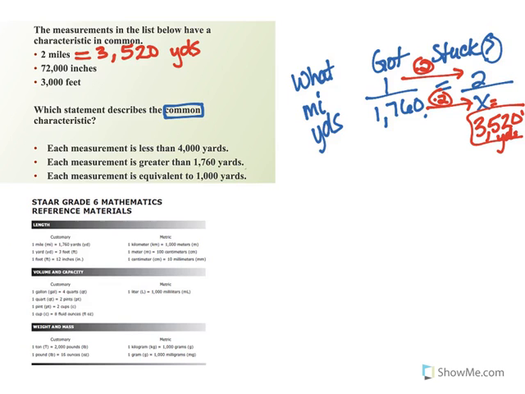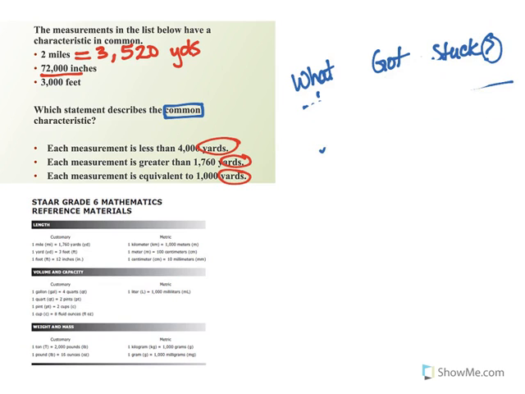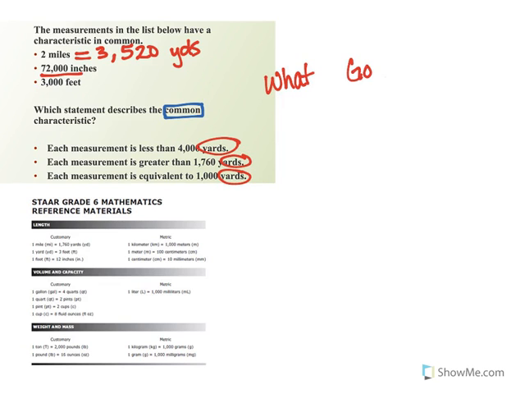All right, now let's do the next problem. The next problem says 72,000 inches. So now I've got to go from inches to, don't forget, yards. I'm going to get rid of this because I need space. I'm still going to use my what got stuck method. What got stuck?